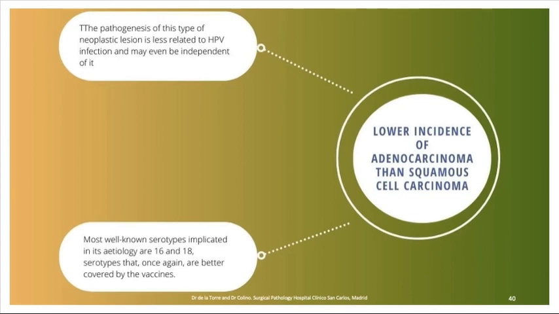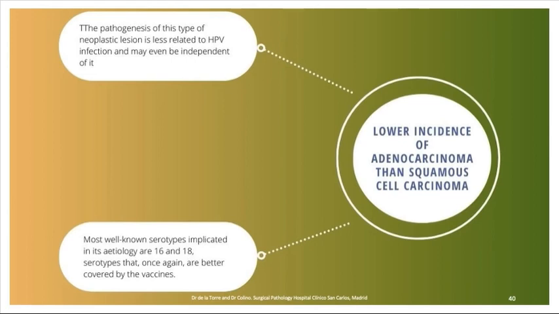Additionally, the most well-known serotypes implicated in its etiology are 16 and 18 serotypes that, once again, are better covered by the vaccine. Regarding the average age of diagnosis for these lesions, a stable trend around 56 years old has been observed in the analyzed time periods.